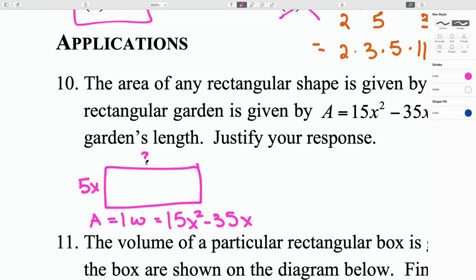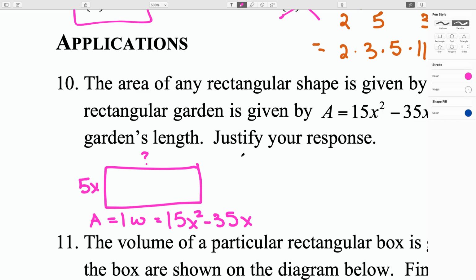So if we know the width is 5x and the area is 15x squared minus 35x, and you multiply length times width to find area, what do we do to find the length? We divide. Or we're going to figure out what do we multiply 5x by to get 15x squared minus 35x.